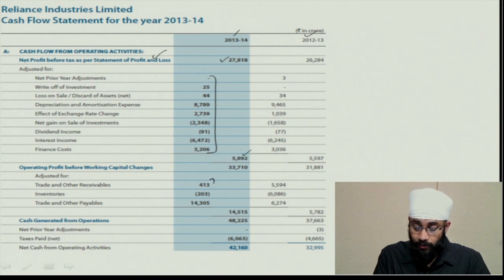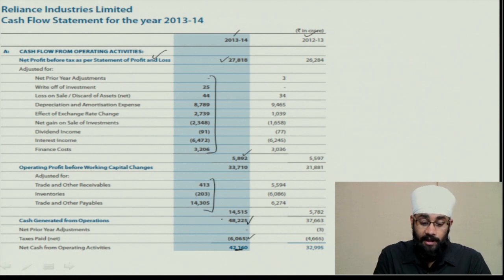And then we do some more adjustments for changes in working capital, and finally we get the amount of cash generated from the operations. We pay taxes, and finally we have the net cash inflow or outflow from operating activities.